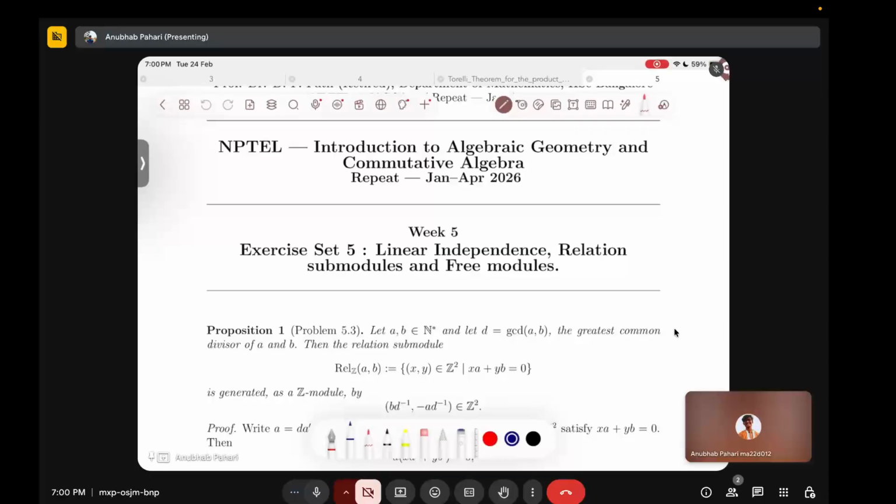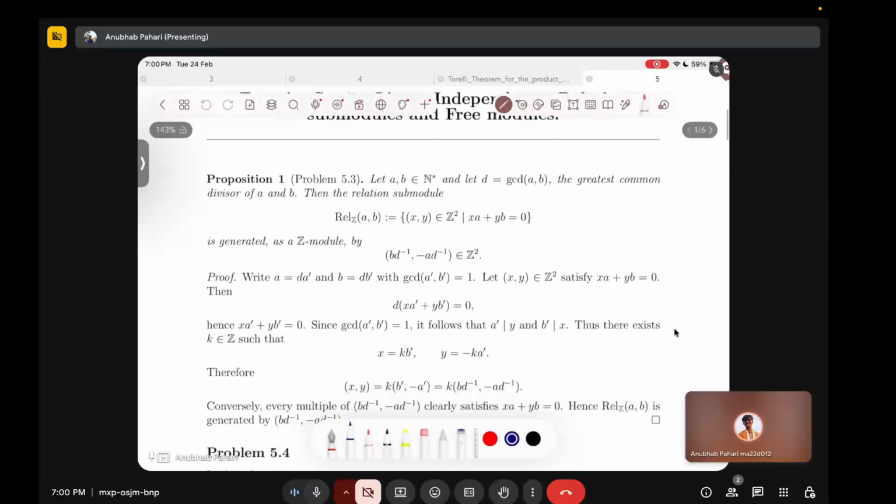Let us start with our first problem, that is problem 5.3 from your assignment sheet. Let a, b belong to N star, that means all the natural numbers, and let d equal the GCD of a, b, the greatest common divisor of a and b.